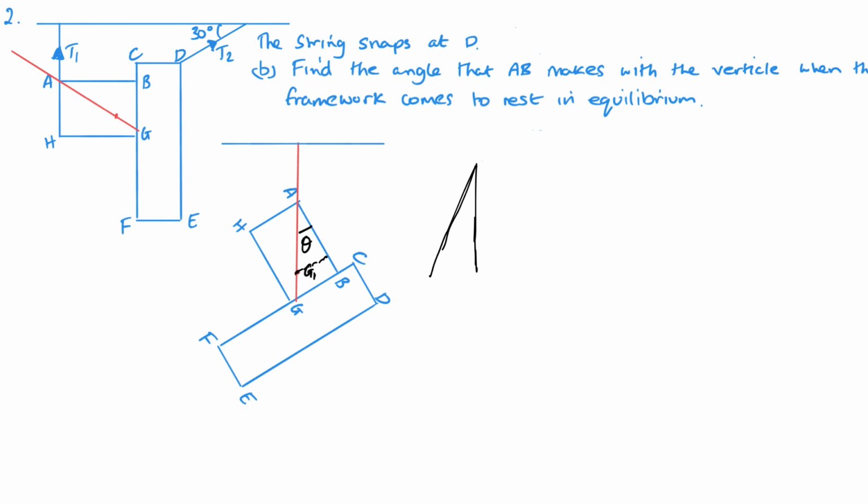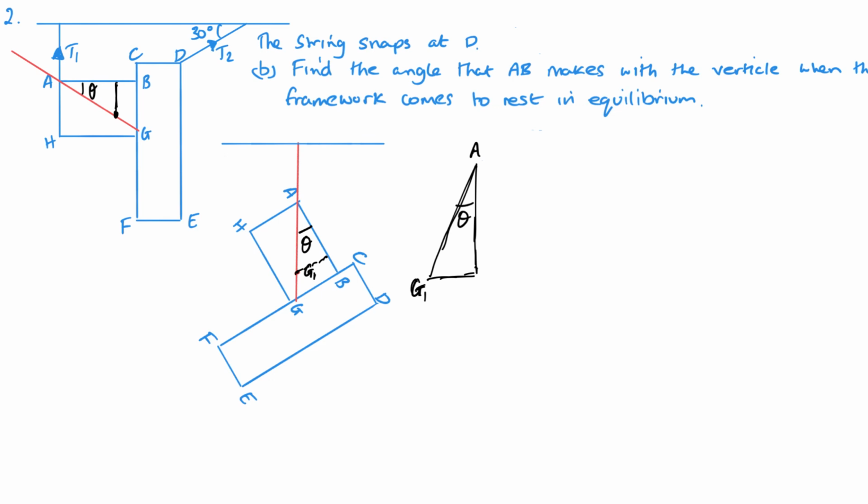This is my theta, that's my value of A, and this is my G1. I'll pop it on the original diagram as well, so you can see that is what we're trying to find there.